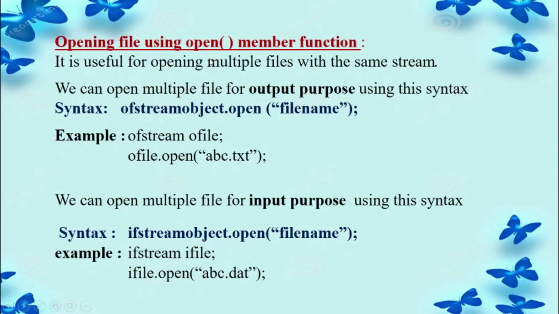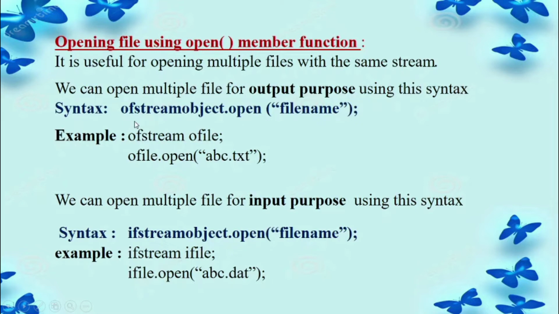Now let us see the next method, opening files using the open member function for reading or writing. It is useful for opening multiple files with the same stream. That is, we can open multiple files for output purposes using the ofstream object, and multiple files for input purposes using the ifstream object. The ofstream object provides all the output member functions and the ifstream object provides all the input member functions.